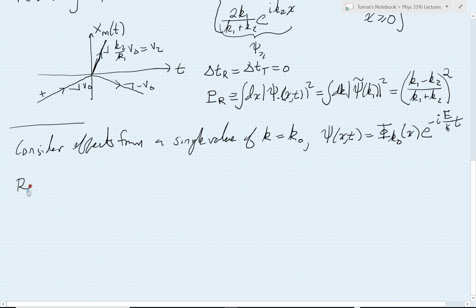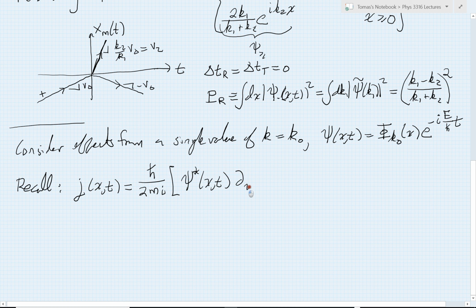So I want you to recall that the probability current density, J, which gives me the flow of particles in the rightward direction per unit time, at any location, is this factor we had, h bar over twice the mass times i, and then there was a difference of two terms. There was my wave function, which of course was a function of x and t, times the x derivative of my wave function, which again depended upon x and t.